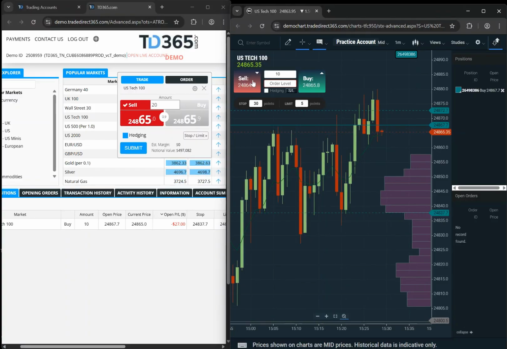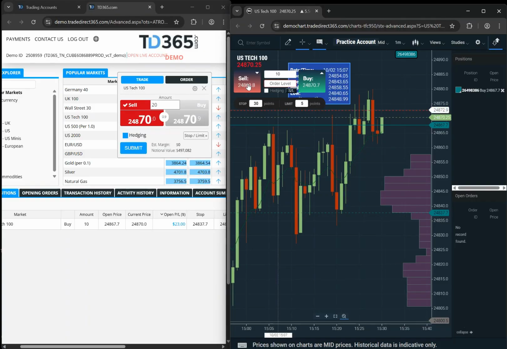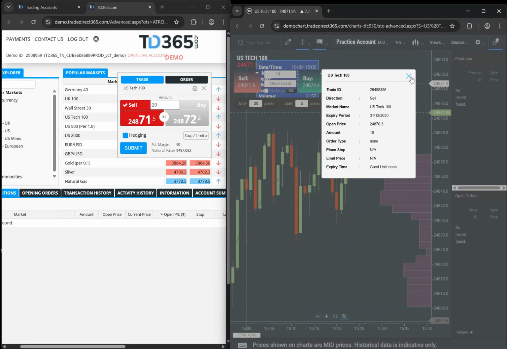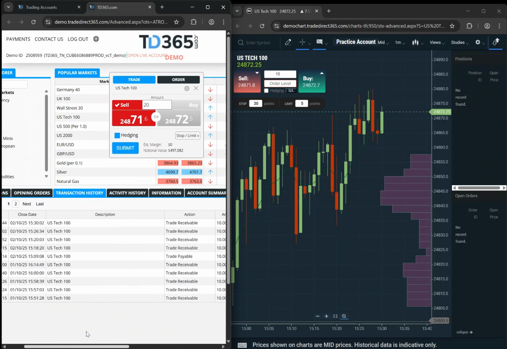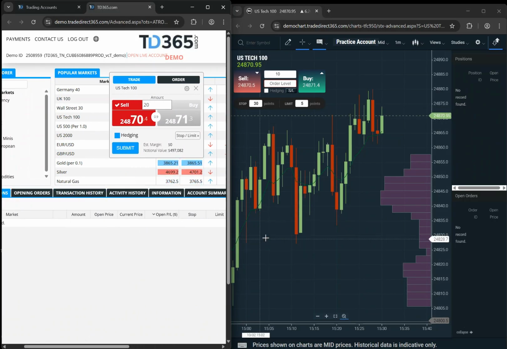Price was messing around for a moment around my entry, but it did come up eventually, and so I closed for a break even. Actually made some profit there, about half, I think about 2.5 points.